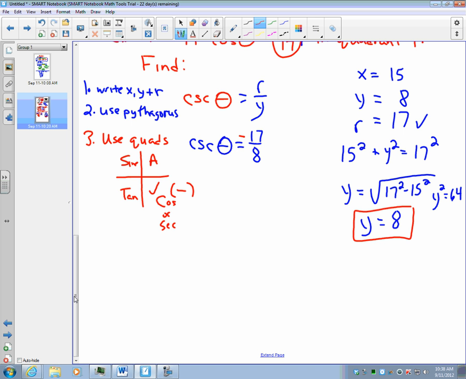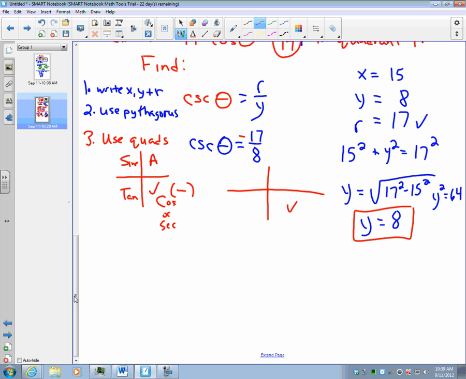Okay? I guess you can guess, but here's the other thing. It also makes sense if you think about it this way. Maybe this will help you. When I solve for y here, right? That's what I solve for. Well, if you think about y in quadrant 4, what's the y value going to be in quadrant 4?